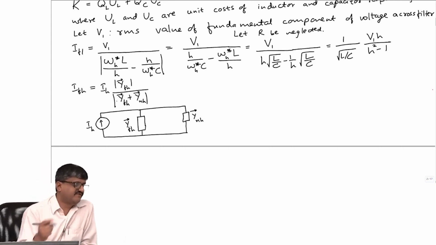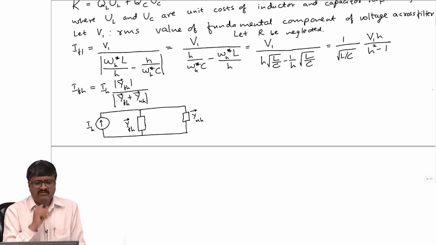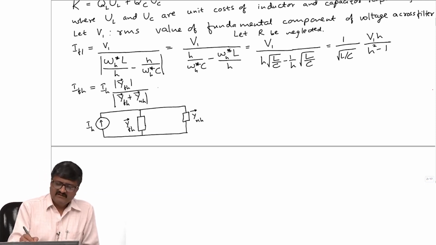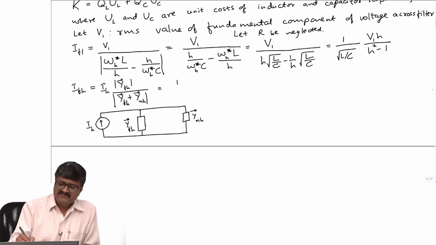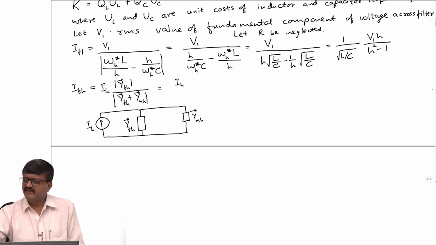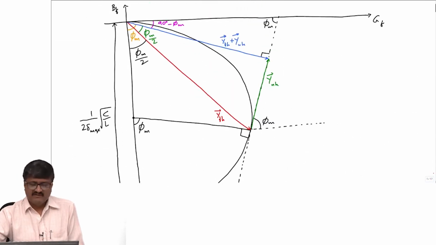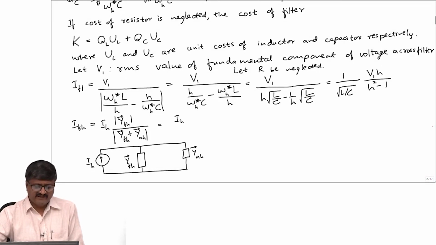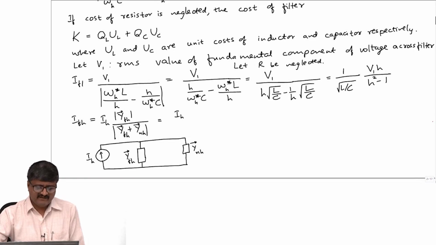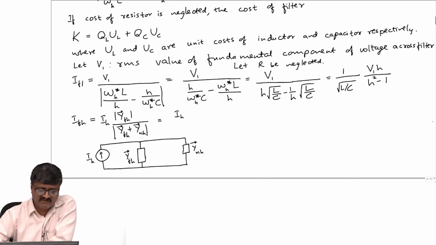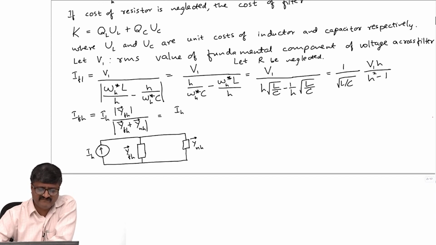VH was the notation that we used in the last class. Okay. So this can be written as IH. Now, come to this figure that we have just considered. Now, look at this ratio. YFH magnitude is one quantity and the ratio has one more quantity, magnitude of YFH plus YNH.